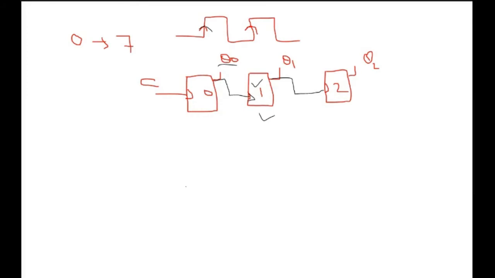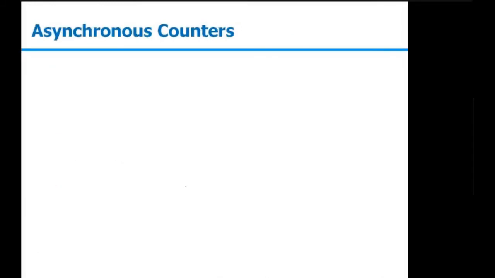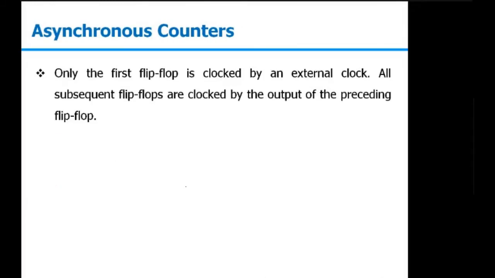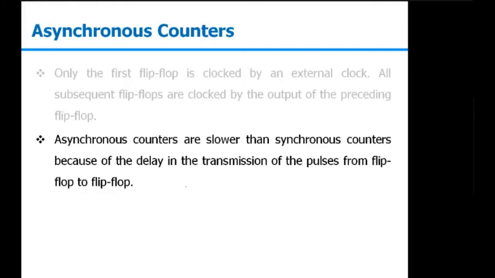So first we will be talking about the asynchronous counter. In this case, only the first flip-flop is clocked by the external clock, and all other subsequent flip-flops are clocked by the preceding flip-flop. If we compare synchronous with asynchronous, the asynchronous counter will be slightly slower.